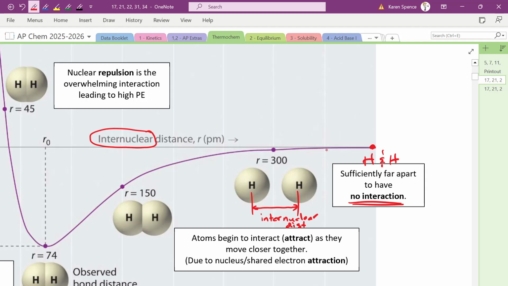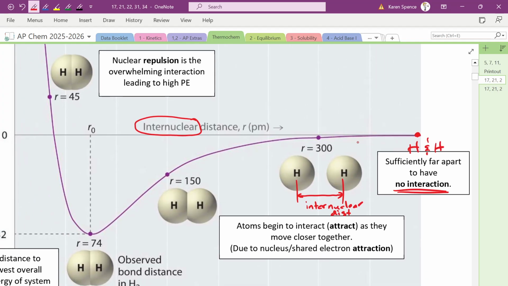Now, as they start to get closer, so we're actually traveling this way along the curve, the atoms get closer as we go from left to right on the graph. They begin to attract. And why are they attracting? They're attracting because... have a chat with your neighbor. Why are those atoms starting to attract as they get closer?